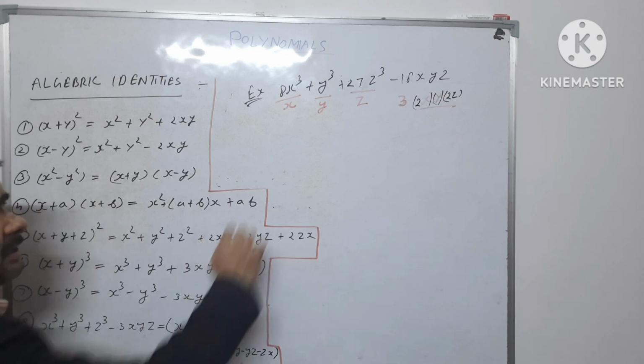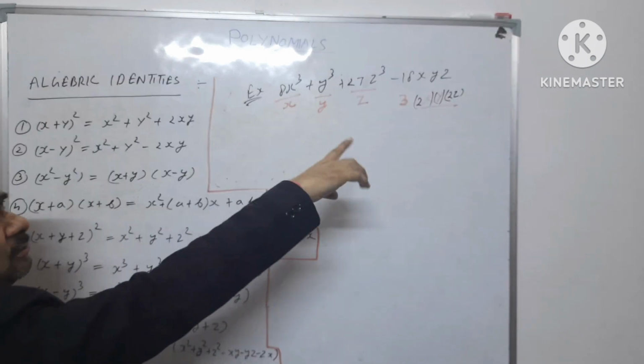In this, suppose we have an example: 8x cube plus y cube plus 27z cube minus 18xyz.